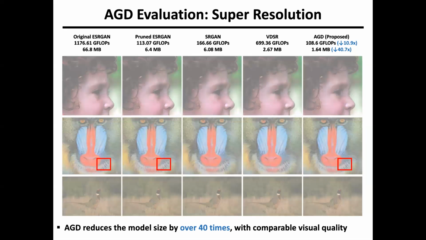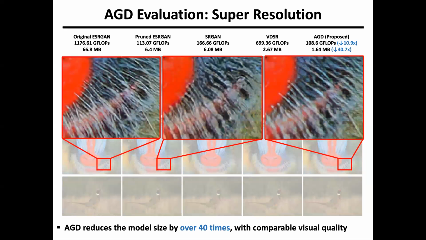So you can see that AGD reduced the model size by over 40 times compared with the original ESRGAN, while maintaining comparable visual quality. And our AGD also achieves much better visual quality compared with directly applying the channel pruning method on ESRGAN, which has notably blurred textures.